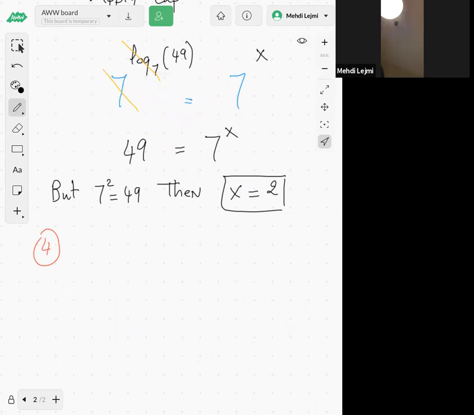Let's say you have log in base 2 of 2 to the power x equal to 1/8. And again, you want to solve for x.